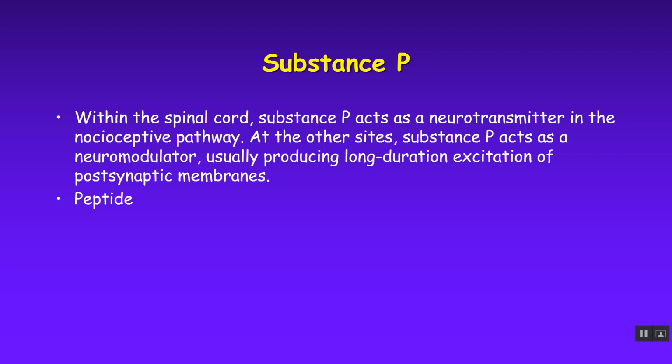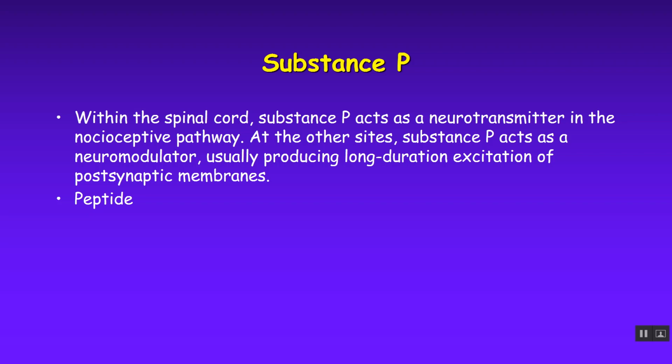In the other sites in the central nervous system, as a neuromodulator, usually producing long-duration excitation of postsynaptic membranes. So it's an excitatory neurotransmitter that happens to be involved. We typically talk about it when we talk about nociception or pain pathways, okay, especially in the spinal cord.